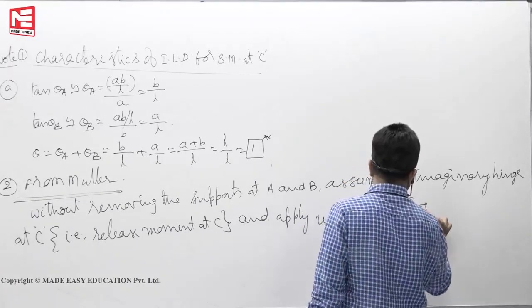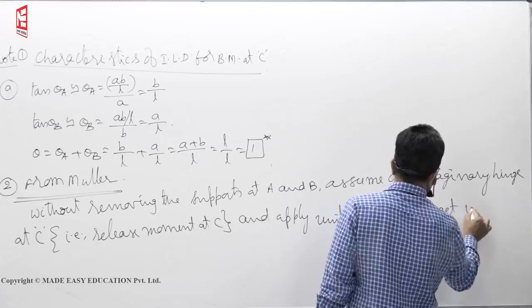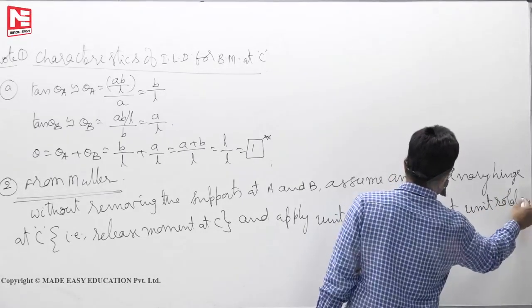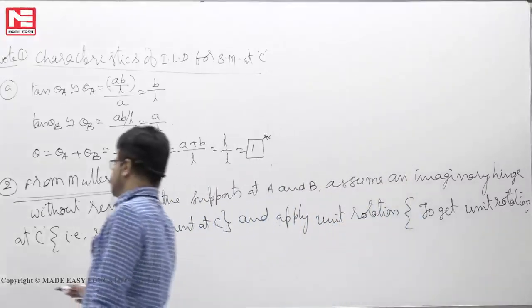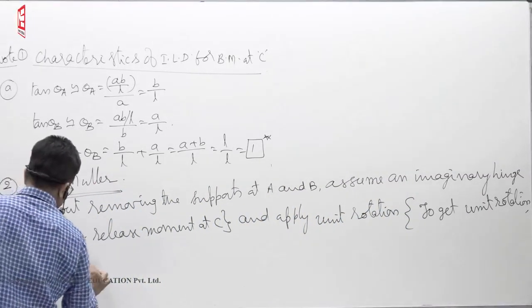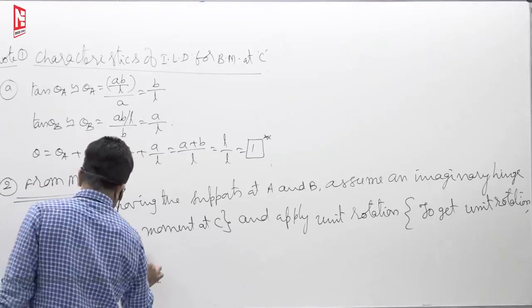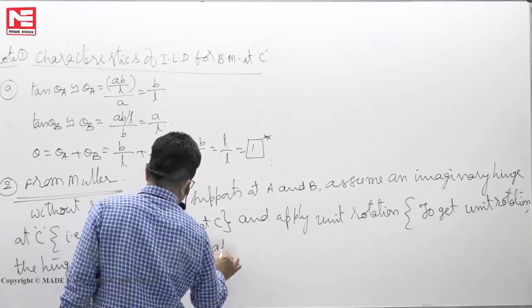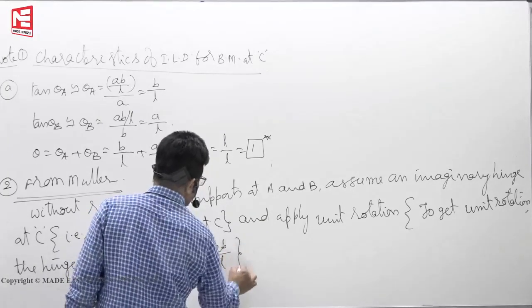Within brackets, to get unit rotation, the beam hinge must be lifted by AB by L. Okay.